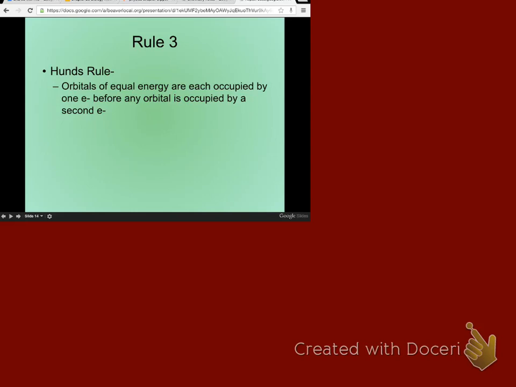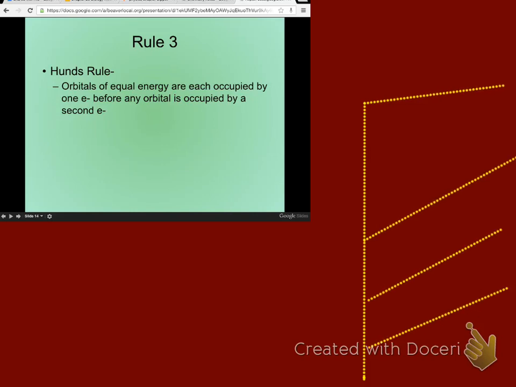Last rule, and then we can start placing electrons. If you've got 3 orbitals that have equal energy, they're all going to get 1 electron before any of them gets 2. We're back to the dorm room metaphor. So if you show up at your dorm on the first day, we'll draw our weird slopey room, and there are already 2 people, which are actually electrons, on the first floor.